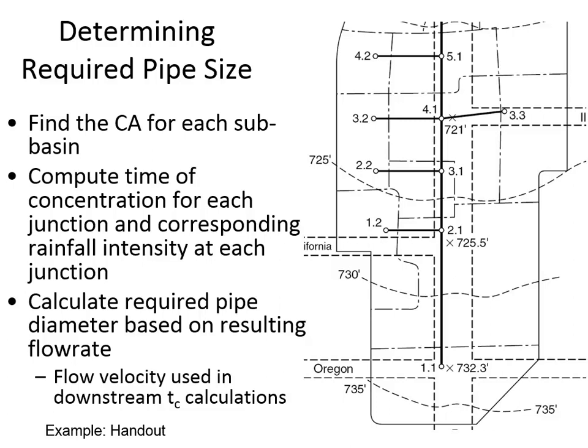And so if you were to estimate that it takes a certain amount of time to travel over the land, like from this boundary to get to the catch basin, if that was a 10-minute travel time, then what you could do is go to 10 minutes on the intensity curve, go vertically up to where that line intersects the curve, and then go over, and it looks like about 4.25 inches per hour if the duration was 10 minutes.